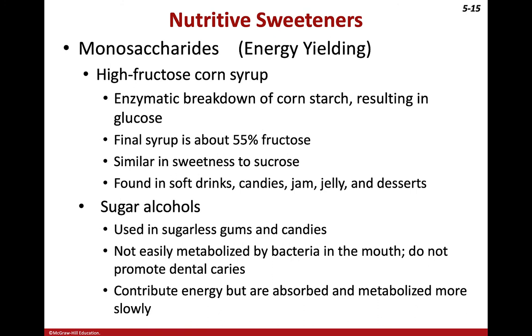Now, the next part is talking about different types of sweeteners. We're going to be looking at nutritive sweeteners versus non-nutritive. Nutritive is the term for energy yielding. If we're looking at monosaccharides, here in particular we have high fructose corn syrup, and it is something that has been villainized.